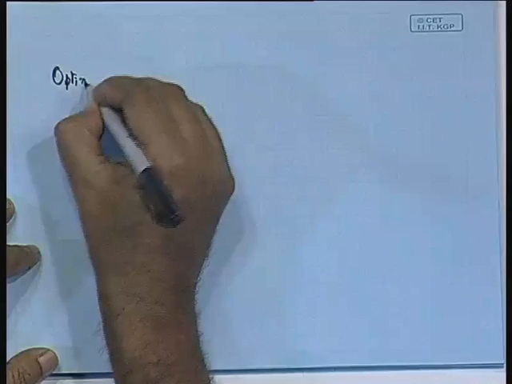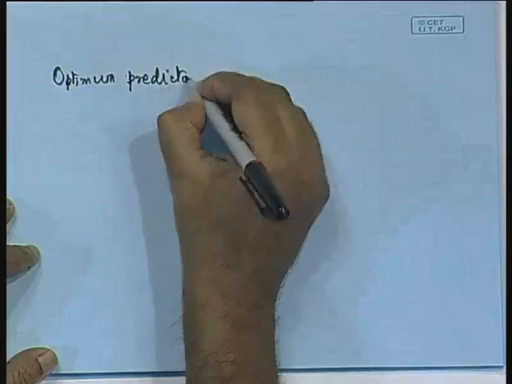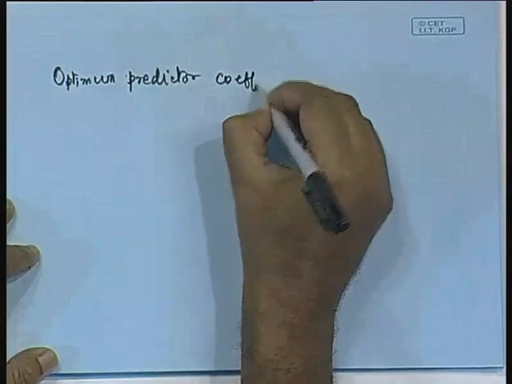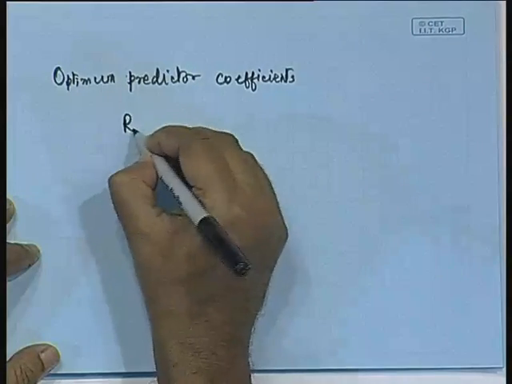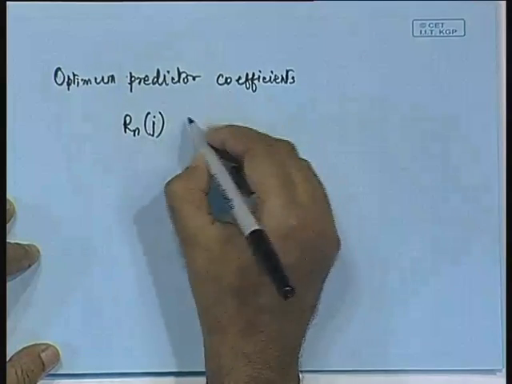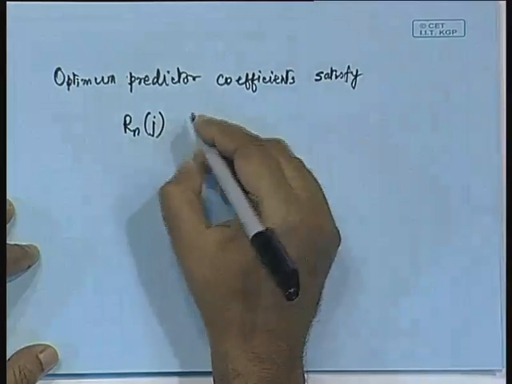Now, it can be shown mathematically that the optimum prediction coefficients satisfy this kind of a relation. The optimal predictor coefficients satisfy this equation, and what is that?